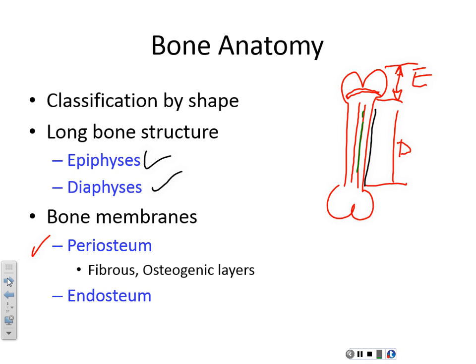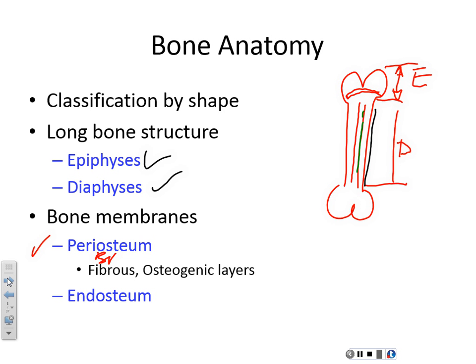So the periosteum on the outside carries the blood vessels in the fibrous layer, and then the osteogenic layer is on the inside. Remember, the membrane has 2 layers, and the osteogenic layer makes the bone. So it's got the osteoblasts, and then the osteochondral progenitor cells, which can become either osteoblasts or chondroblasts.